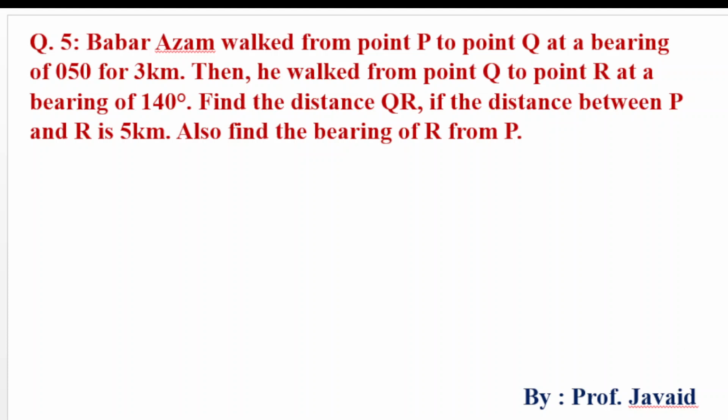Okay, let's start question number 5, which is about the same bearing. So Babar Azam, everyone knows him, he's a good player. Babar Azam walked from point P to point Q at a bearing of 50. Let me take the points here.